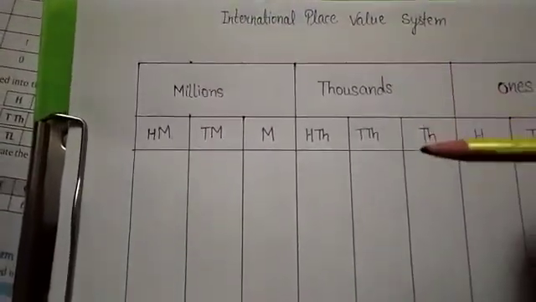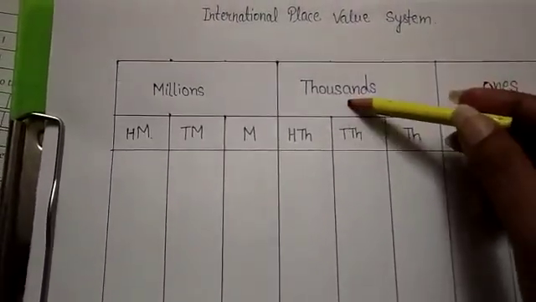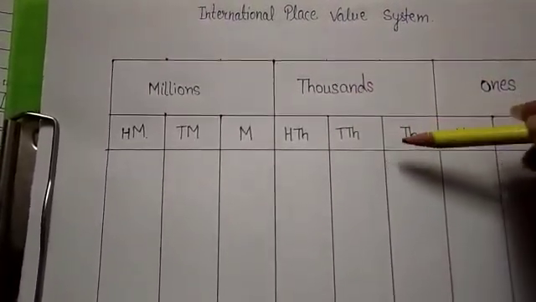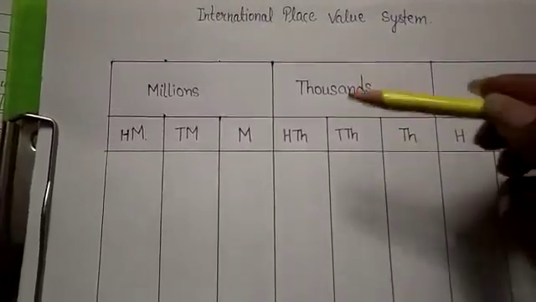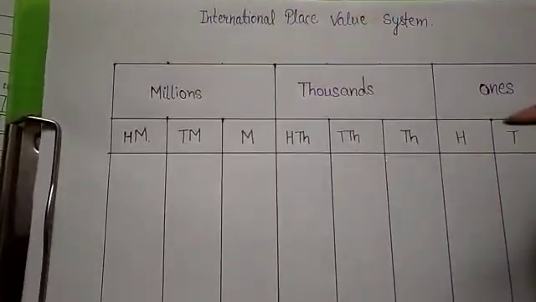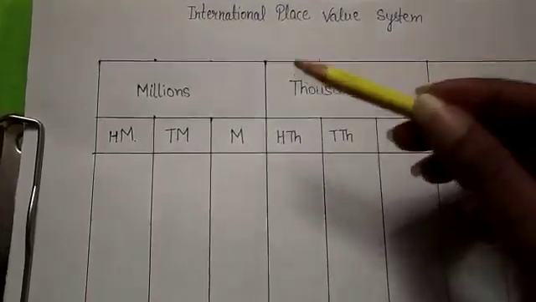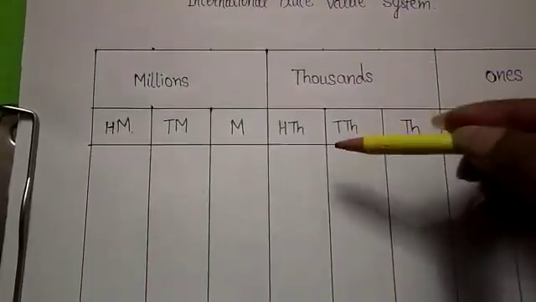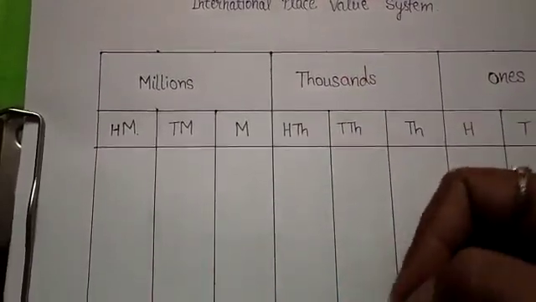In the Indian place value system, as we discussed, the thousand period has only two place values, 1000 and 10,000. There is a difference between the international place value system and the Indian place value system. In our international place value system, there are three place values in thousand.